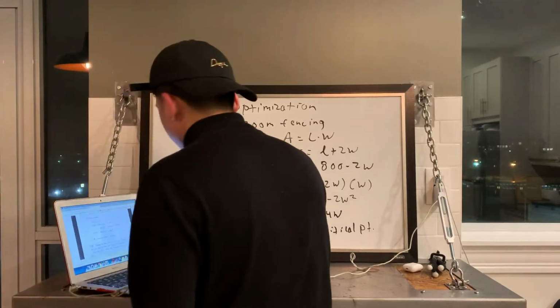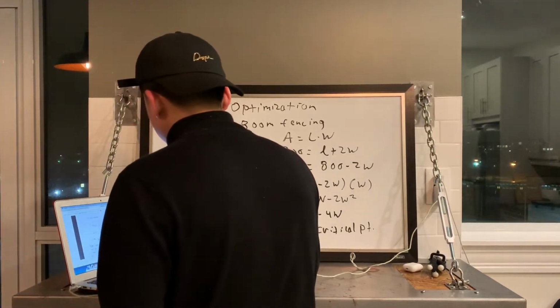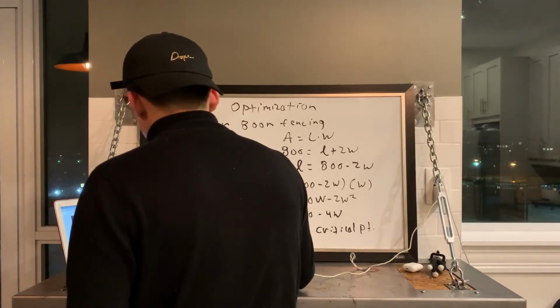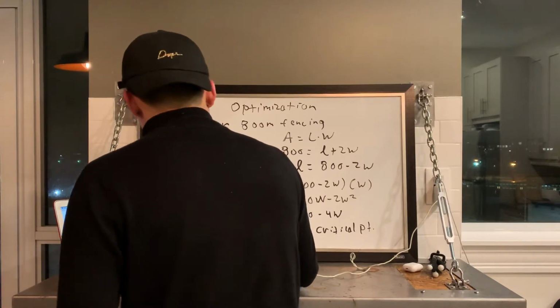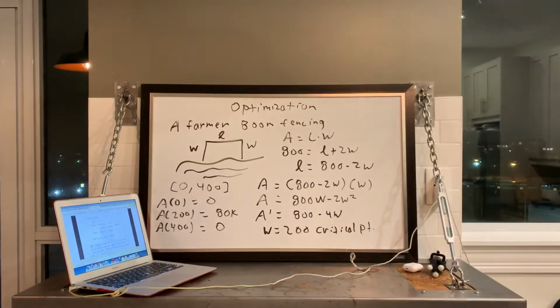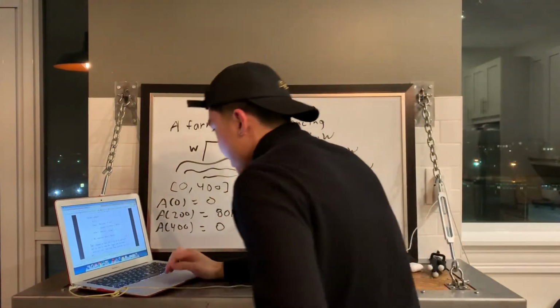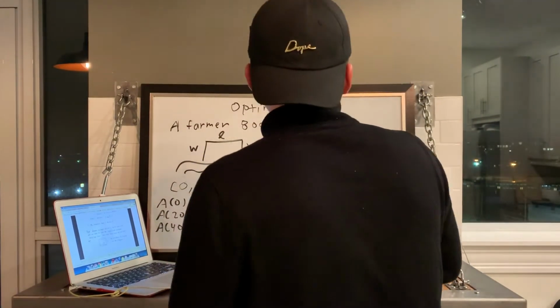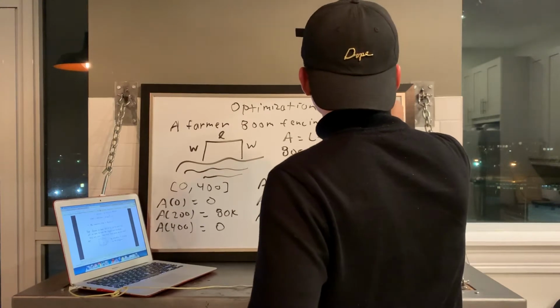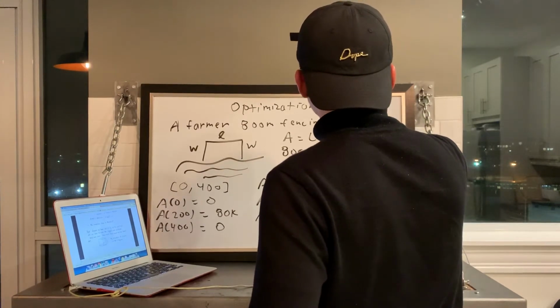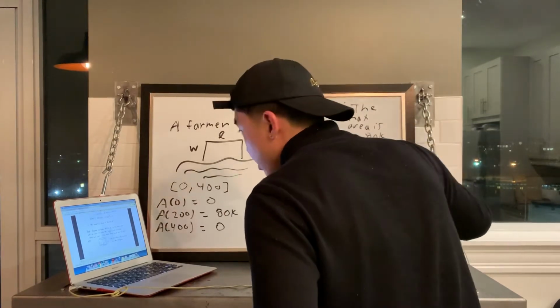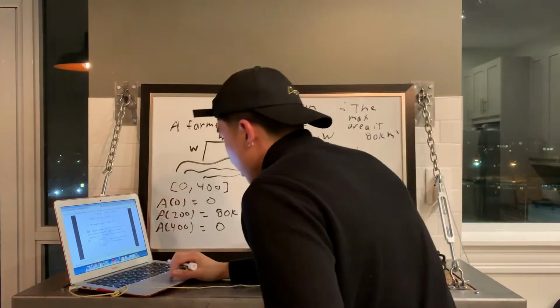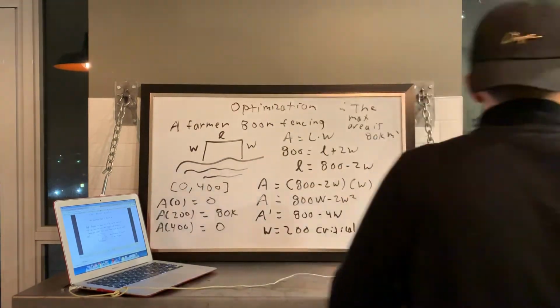A at 0 is 0. This one's 80K. This one's 0. And so clearly there's a clear winner here, which is 200. So the maximum area is 80K meters squared.